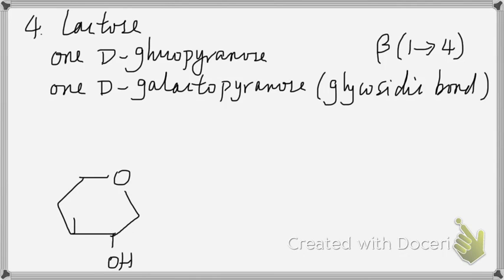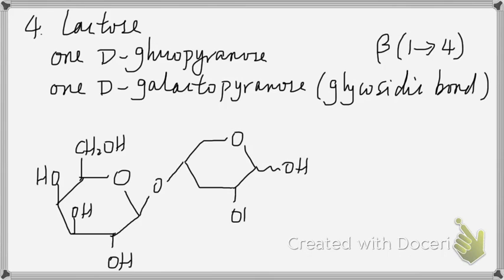So let's see the structure. The first unit is galactose. Second unit, glucose. So first unit, carbon 4 has a different configuration from glucose. Remember, galactose is a C4 epimer to glucose. And the first unit, galactose, is in the beta form.